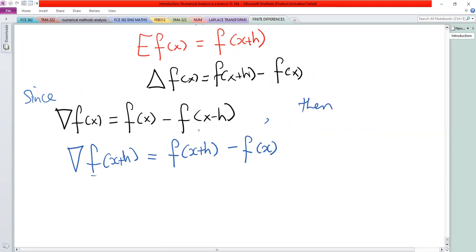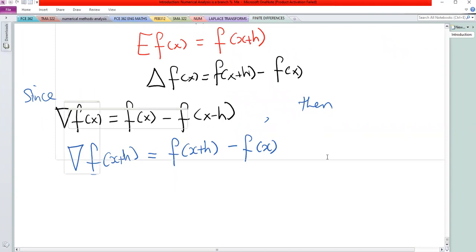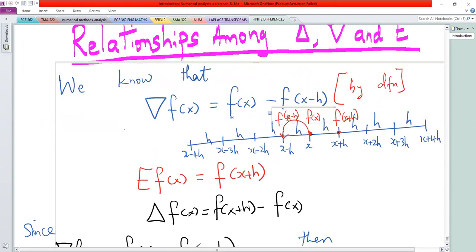This is still by definition: if you are at x plus h, you'll be standing at f of x plus h, and then you subtract the previous step. On this diagram, at this point you define the value at this point minus the previous point, which is f of x.